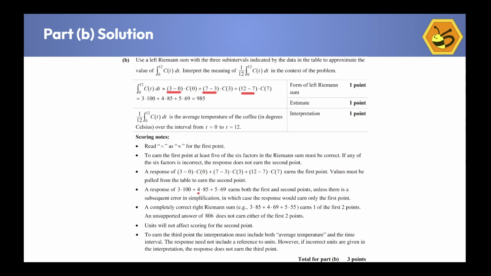Interestingly, a response of just this earns both the first and second points, unless you made an error in simplification. So please don't simplify. If you simplify wrong, you get a point deduction. Yes, because this is a left Riemann sum, so we take the left.